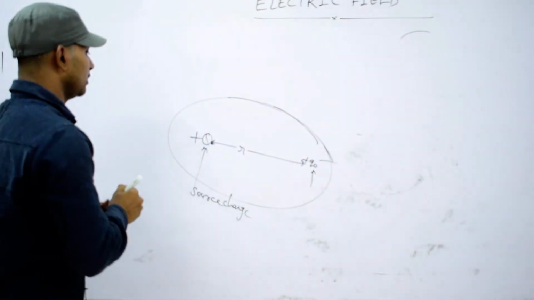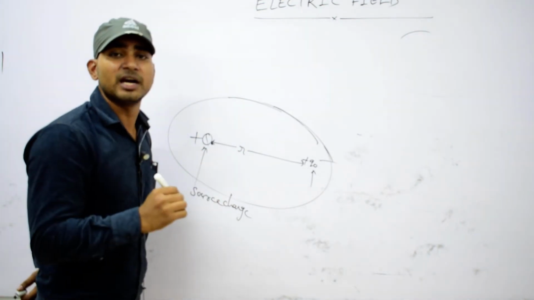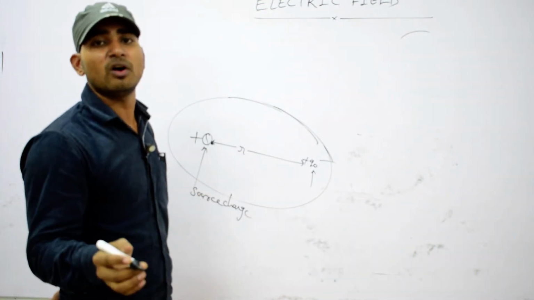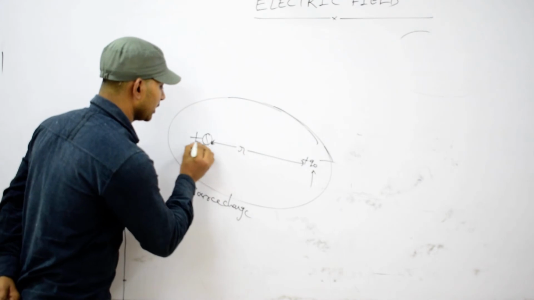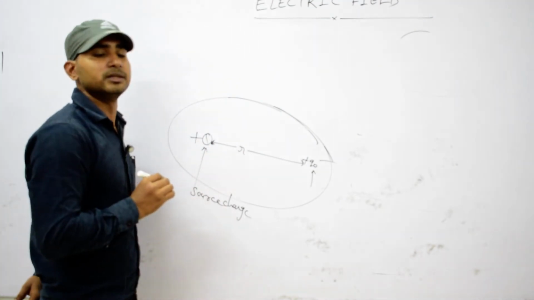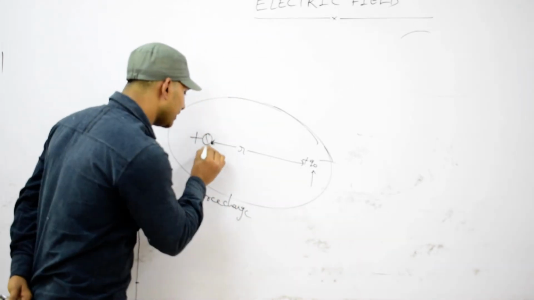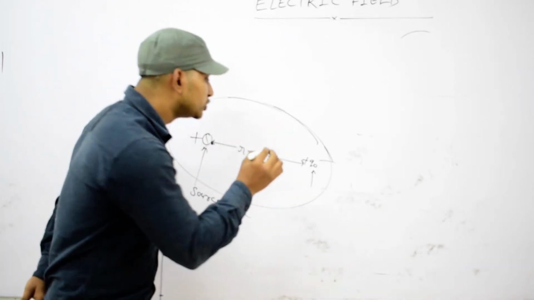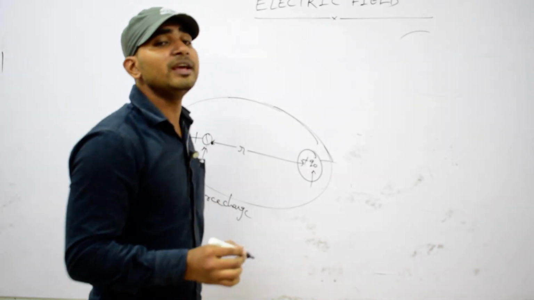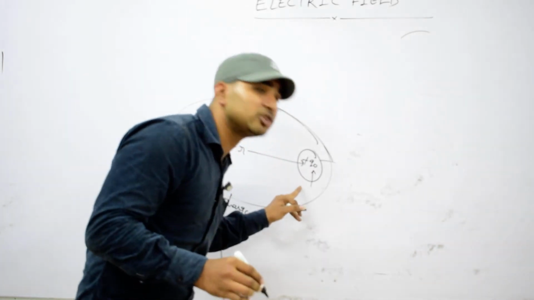So see here, according to the nature of the charge, we can give the direction of the electric field. Let's suppose this plus Q charge is there, and inside its field a positive charge is placed, then definitely there will be repulsion. The repulsion will be experienced by the test charge only.